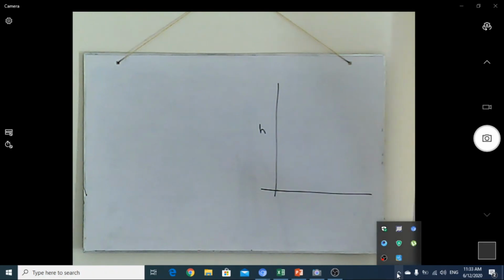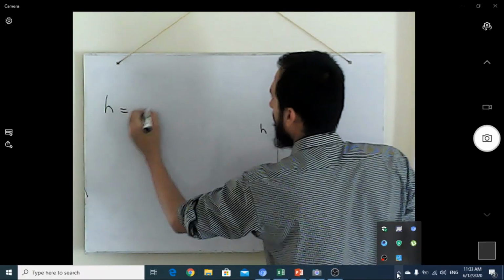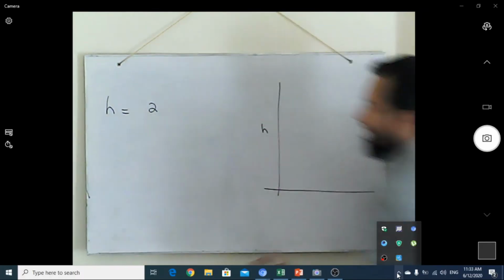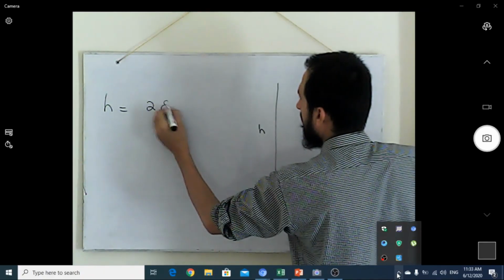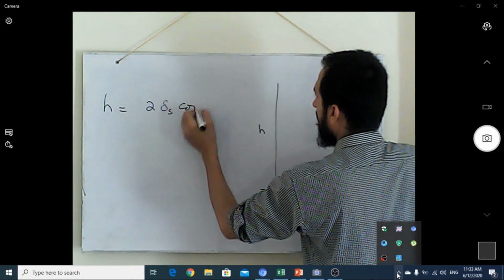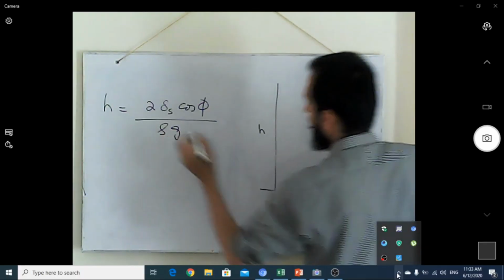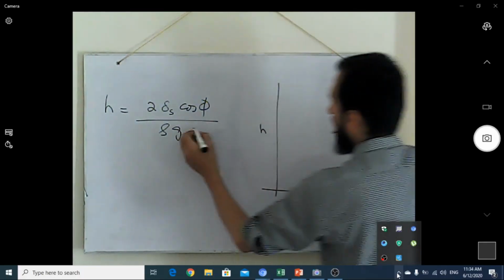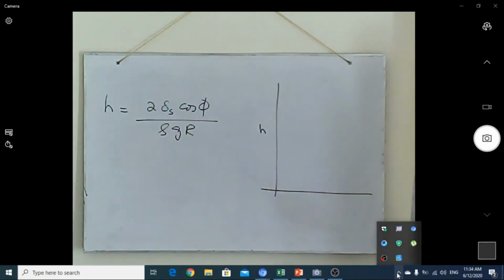We know that the formula of the capillary effect is h is equal to twice the surface tension cos phi over the specific weight, or you can say rho g, and r, the radius of the capillary.